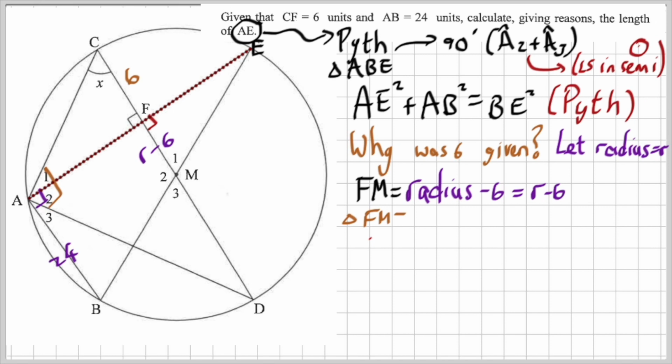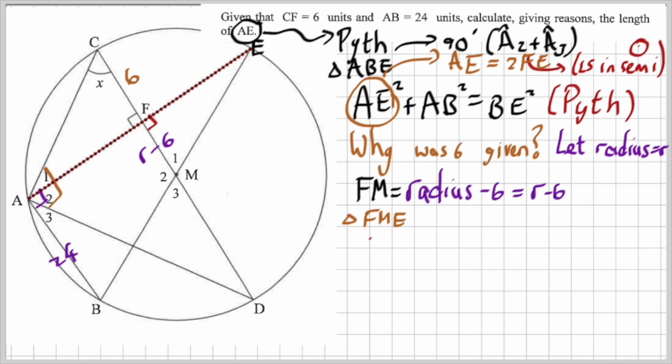So if I want to go towards Pythagoras in triangle FME, look what I'm doing now. Now I'm going to that small triangle there. If I go towards Pythagoras in that triangle, I am going to think about that AE is actually twice FE.